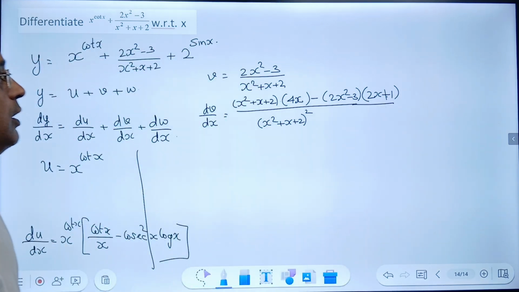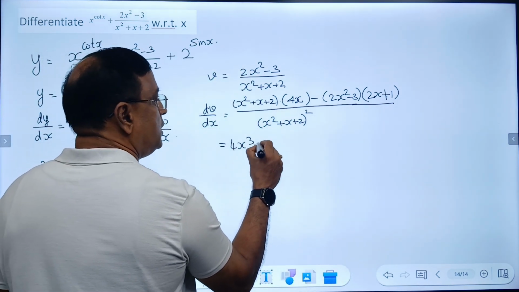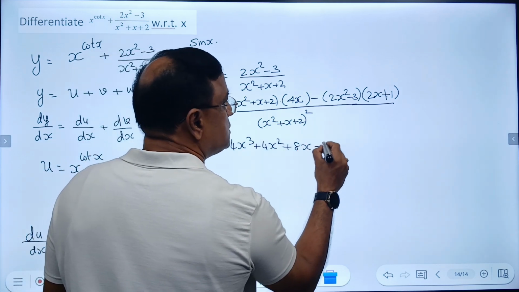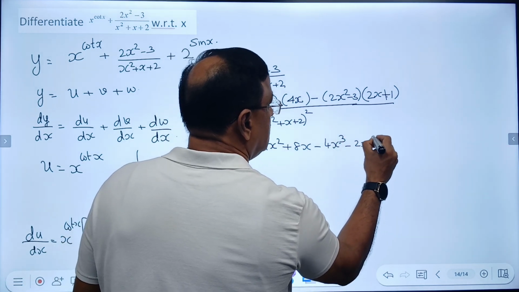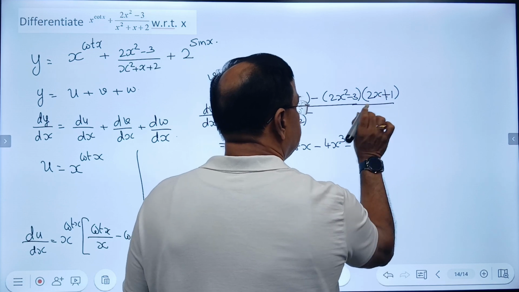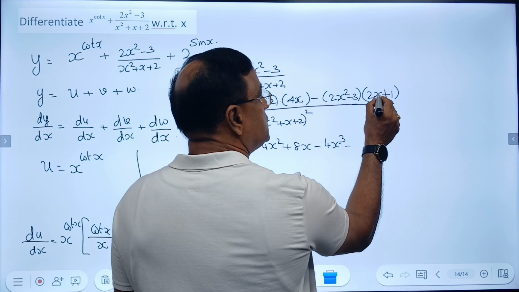Okay. So now you open the bracket, what do you get? You get 4x cube plus 4x square plus 8x minus 4x cube minus 2x square minus 6x, sorry, plus 6x. This will be minus 4x cube.